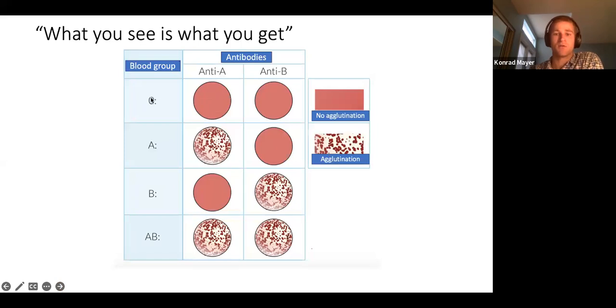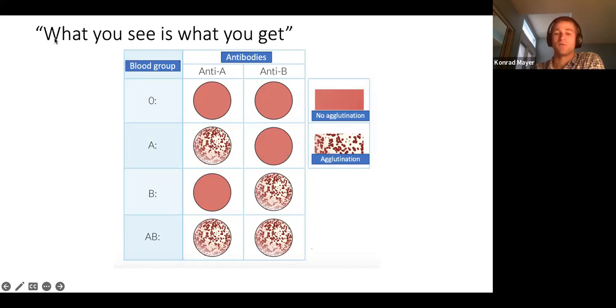Somebody who has blood group 0 has no antigens on their red blood cells. So anti-A antibodies and anti-B antibodies are not going to agglutinate or coagulate this patient's blood because there are no antigens to attach to. Nothing happens, no antigens, so they are blood group 0.